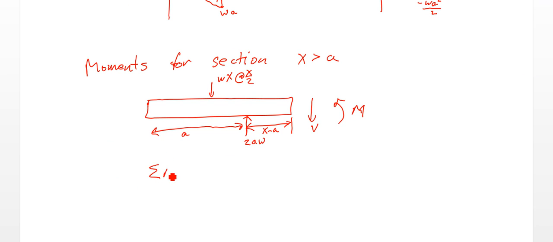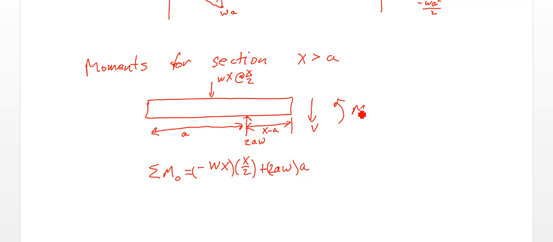If I take my moments at x equals 0, what am I going to have? I'm going to have a negative moment from this distributed load. So I'm going to have negative wx times x over 2. And that was clockwise, so that's the negative sign. This is going to be a positive moment, plus 2aw times a.